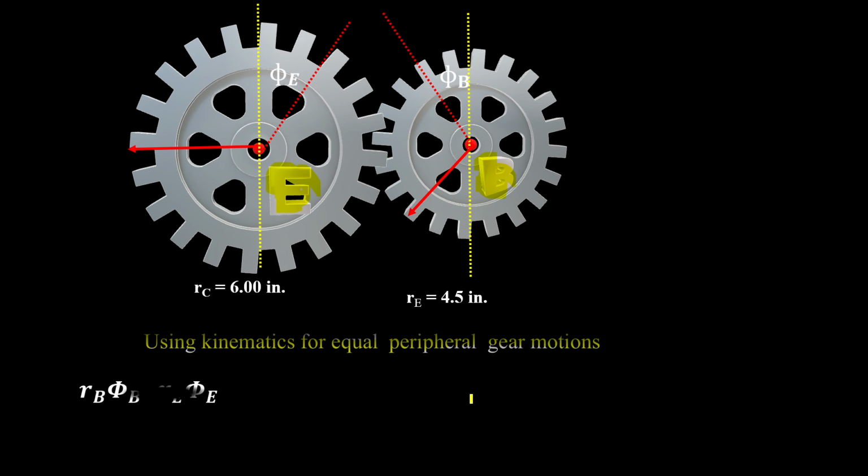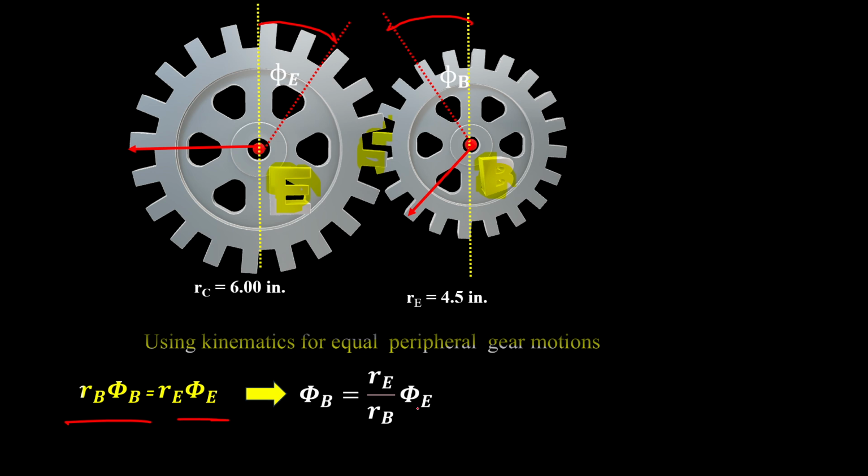If you look at the configuration, due to the same contact force, the displacement is equal in terms of their arc. These motions are equal, and one of them is RB times phi B, and the other is RE times phi E. We can easily get the relation.